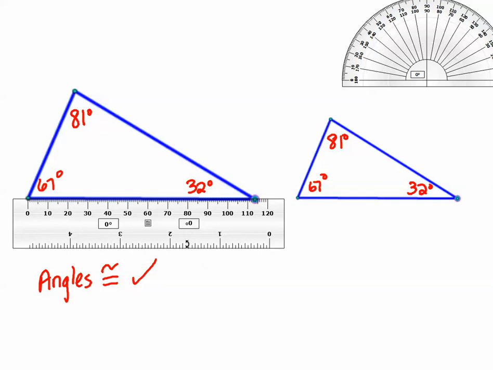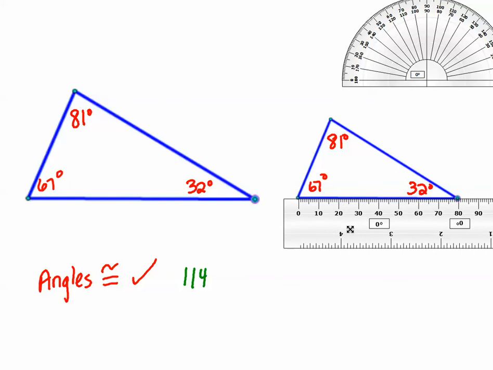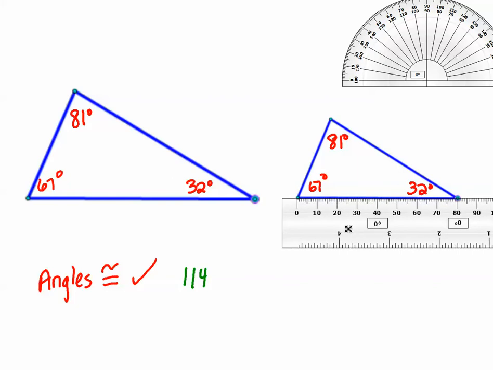So the longest side of this triangle is 114 units long. The longest side of the other triangle, definitely not the same size, looks to be about 81 units long.